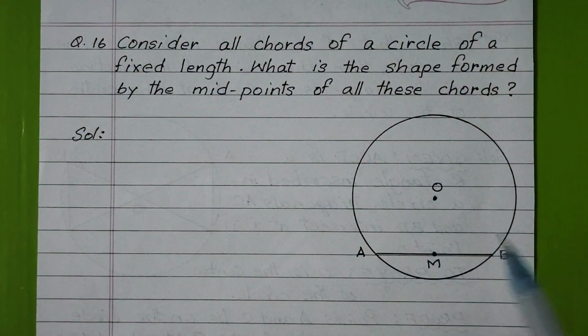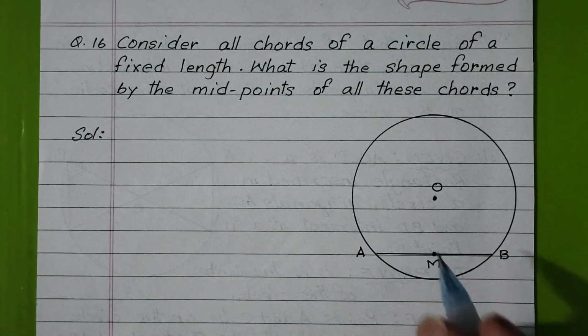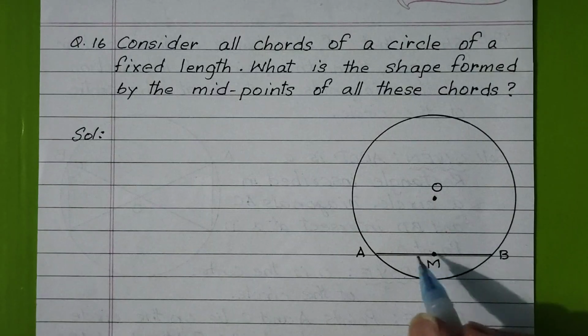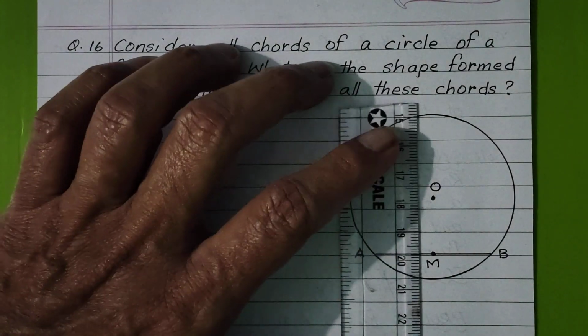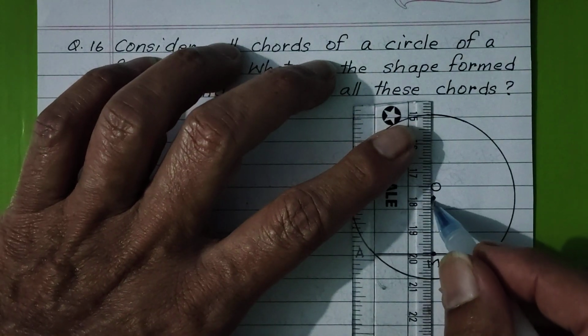O is the center and AB is a chord. We have marked M to be the midpoint of the chord AB. Now we'll join OM.